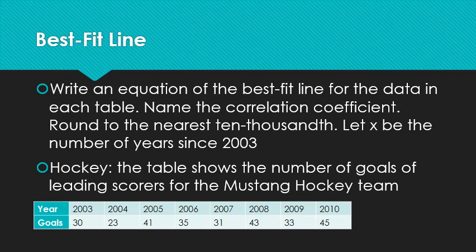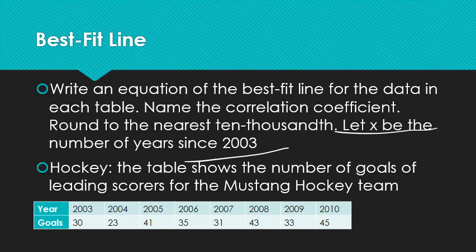And so, writing an equation of the best fit line for the data in each table, name the correlation coefficient, round it to the nearest 10,000th. Let x be the number of years since 2003. Now that's going to be important as far as how we input our data. And so here we've got a hockey team.